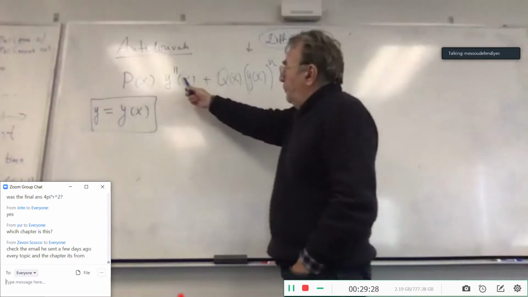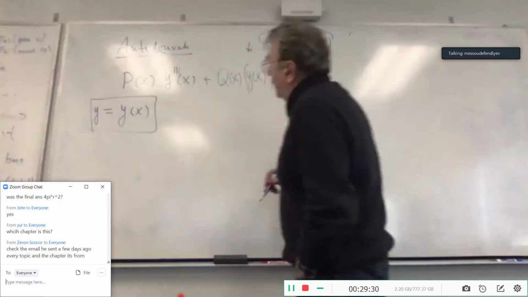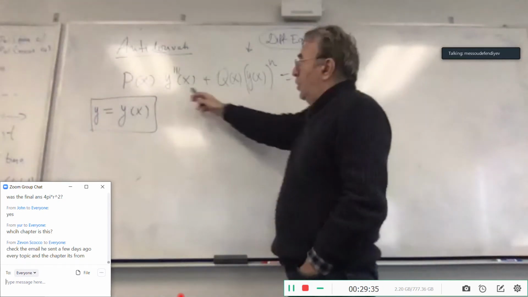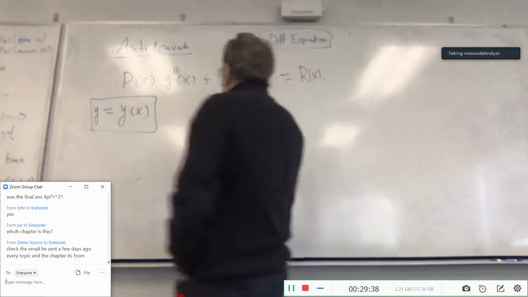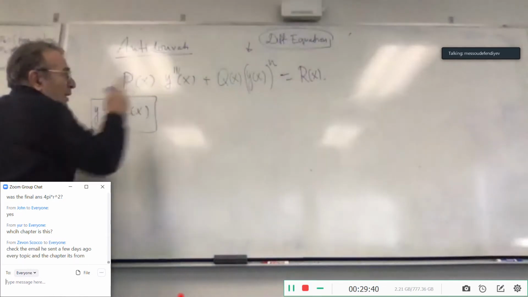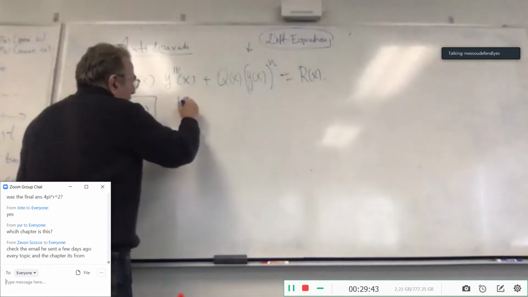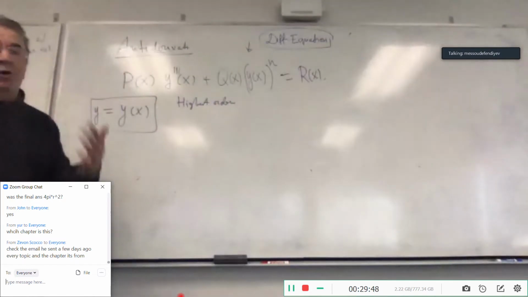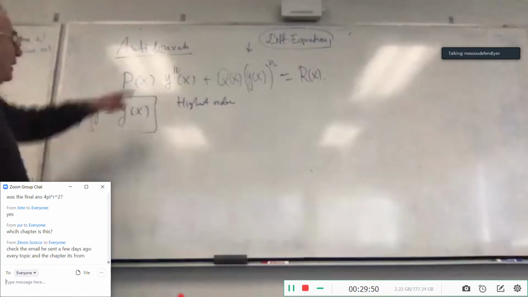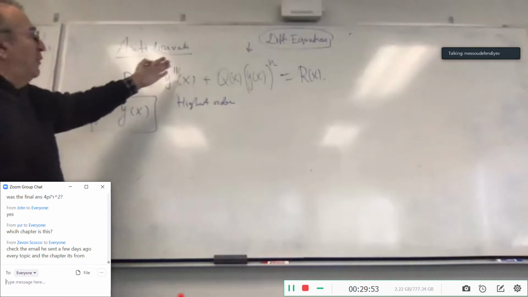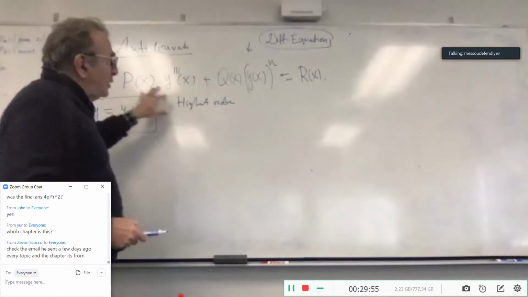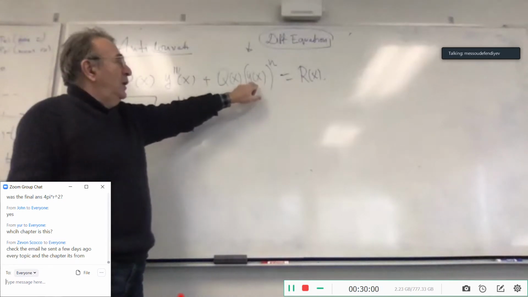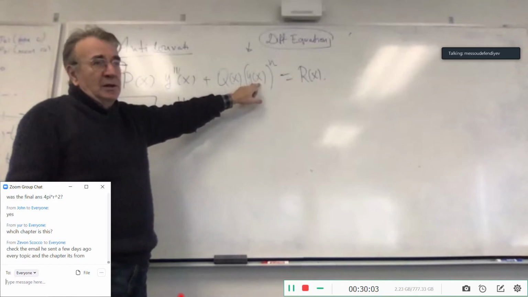If there is a third derivative here, then you will call this a differential equation of order 3. The highest order of derivative is called the order of the differential equation. The order doesn't depend on which power the unknown function is raised to.